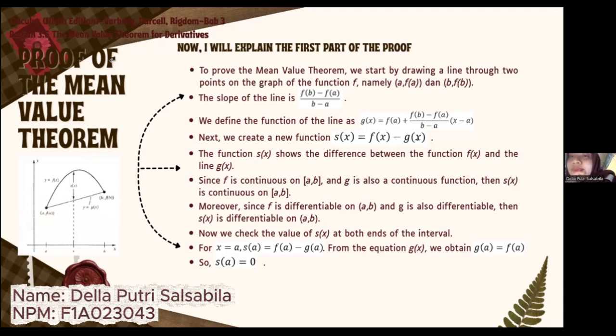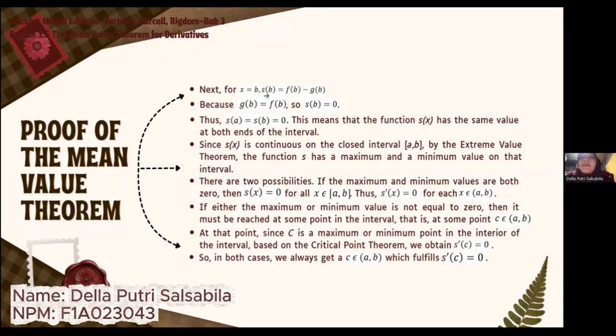Next, for x equals b, s of b equals f of b minus g of b, and because g of b equals f of b, s of b equals 0. Thus, s of a equals s of b equals 0. This means that the function s of x has the same value at both ends of the interval.